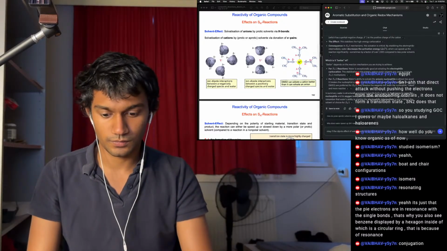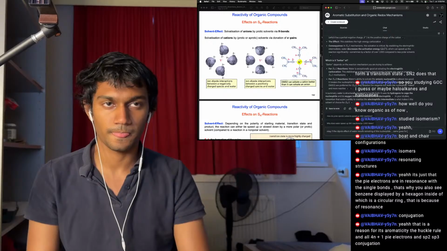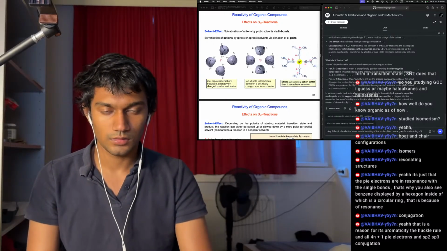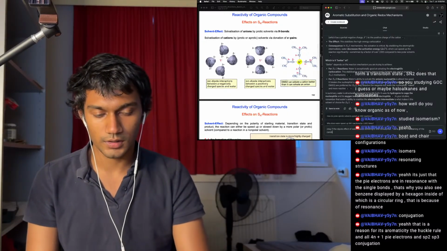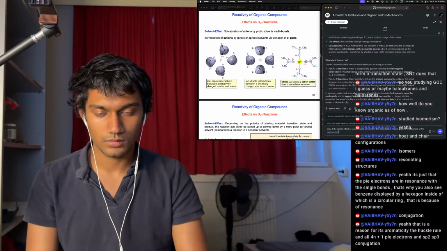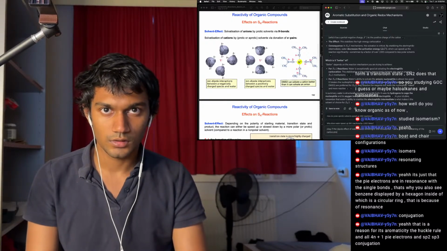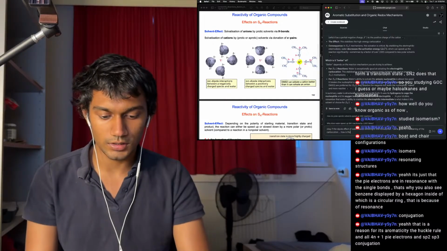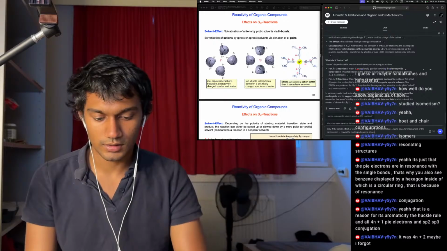Same goes for maintaining the carbocation. How is the nucleophile going to attack?